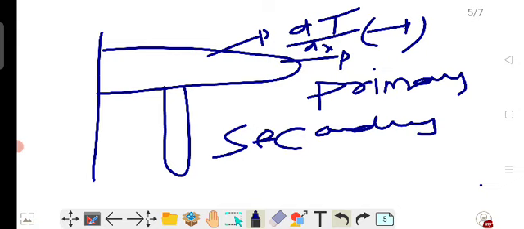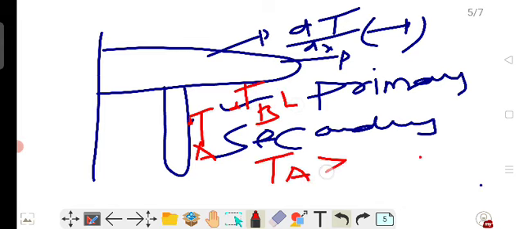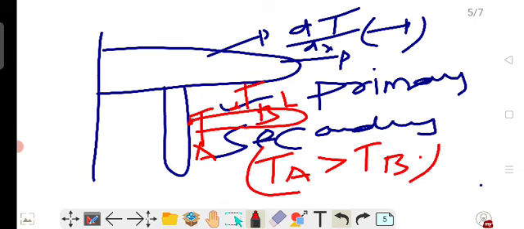Another thing is, if we compare this region and that region, suppose the temperature at that point is TA and at that point is TB. This is the liquid region. Here temperature A is always greater than temperature B. So due to the temperature gradient, another arm is also generated in this direction.